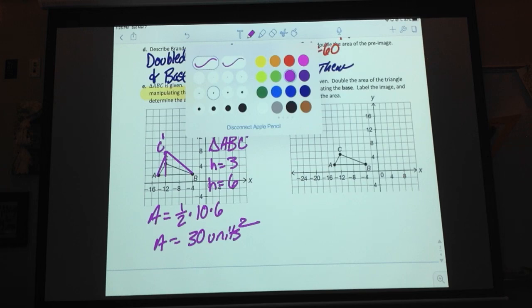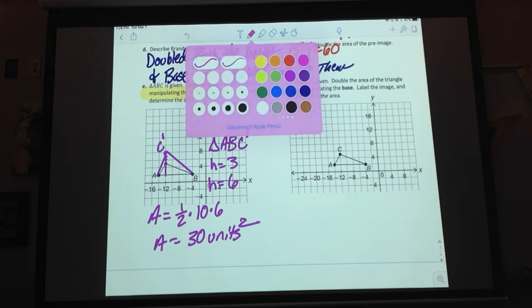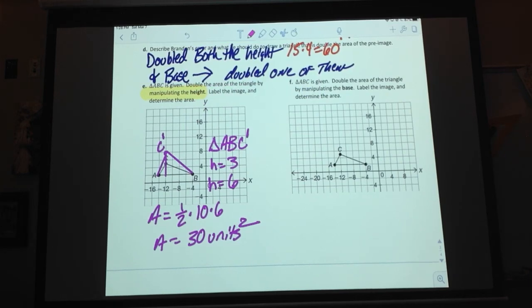All right, and last but not least, let's go that one. Now it says double the area of the triangle by manipulating the base. Label the image and determine the area. So I can take either A out or B out by doubling it, right? By going twice as far.